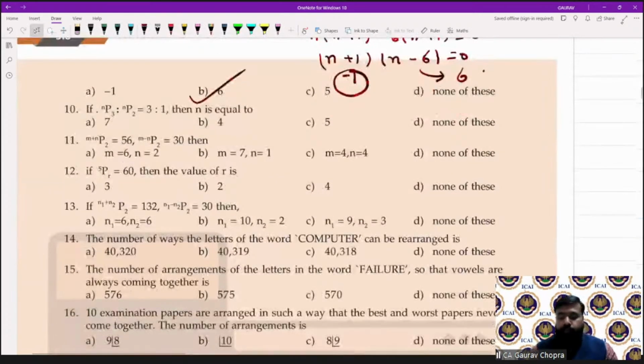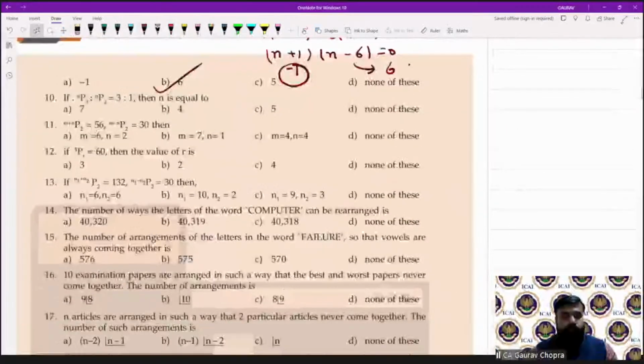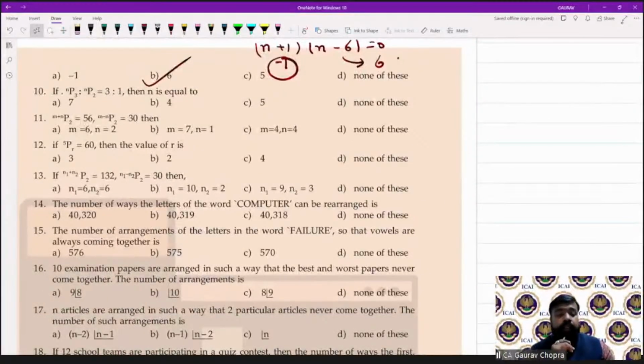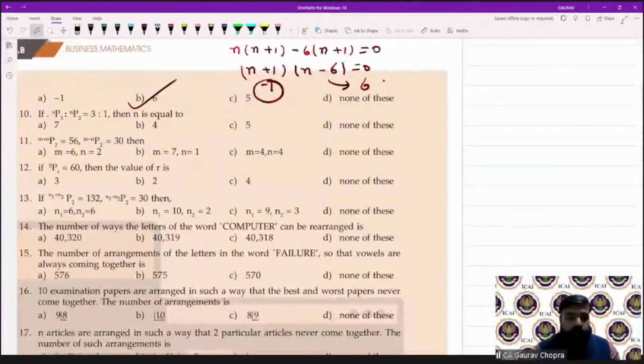Then the 10th one. It says NP3 ratio NP2 is equal to 3 ratio 1. So let's solve this.